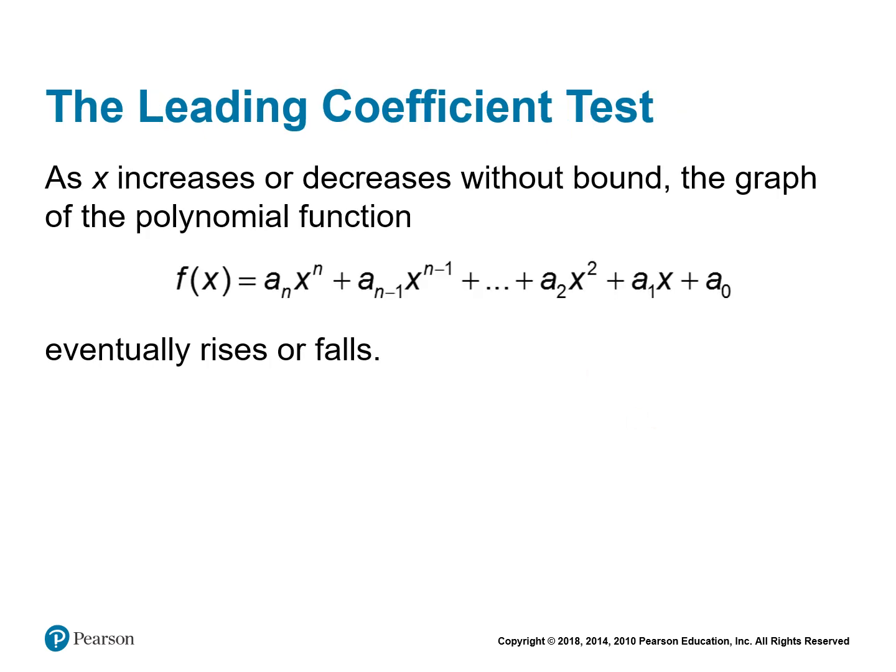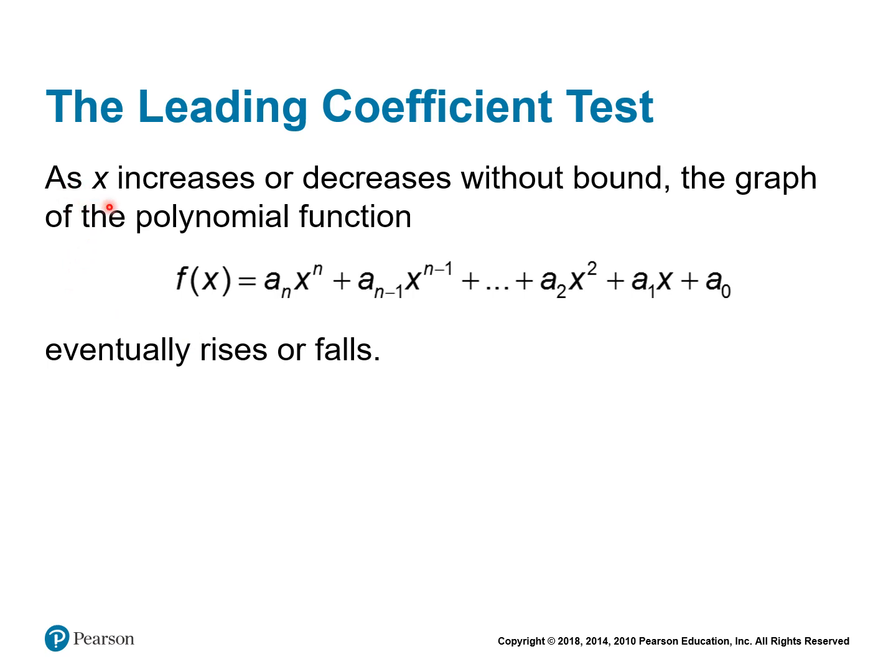So the process of determining the end behavior is called the leading coefficient test, because we have to look at a sub n, which is the leading coefficient in a polynomial, to determine whether the graph rises or falls or how the extreme ends behave.